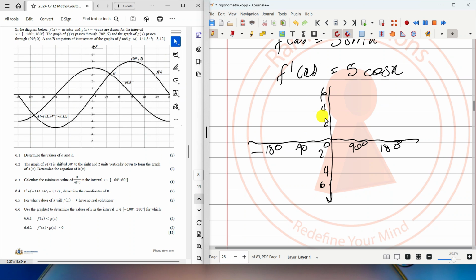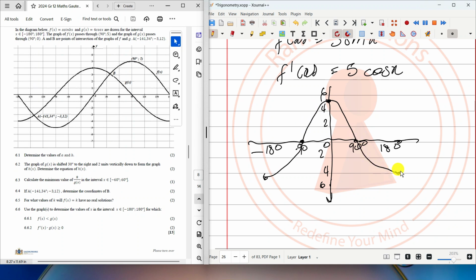Right? So if you recall, now f prime x is 5, maximum is 5, so it's gonna be like this, it won't change. Okay, this is gonna be your f prime.